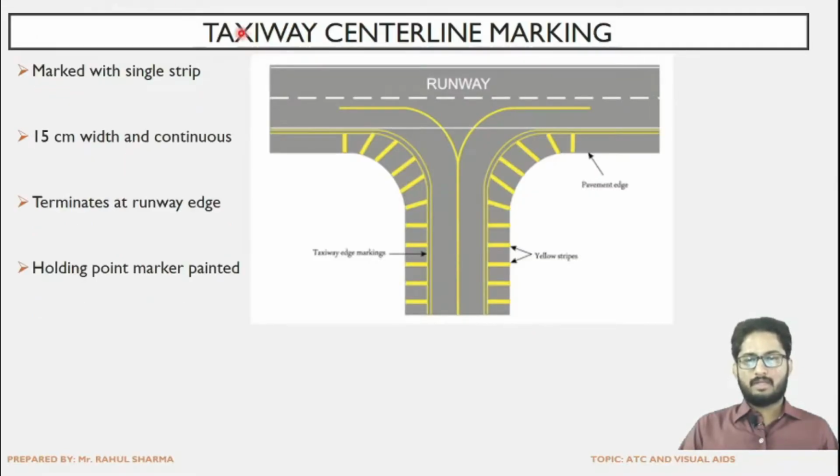So first of all, beginning with the taxiway center line marking. This is the center line marking, as we can see. It is marked with a single strip, that is a continuous line, 15 centimeter width.